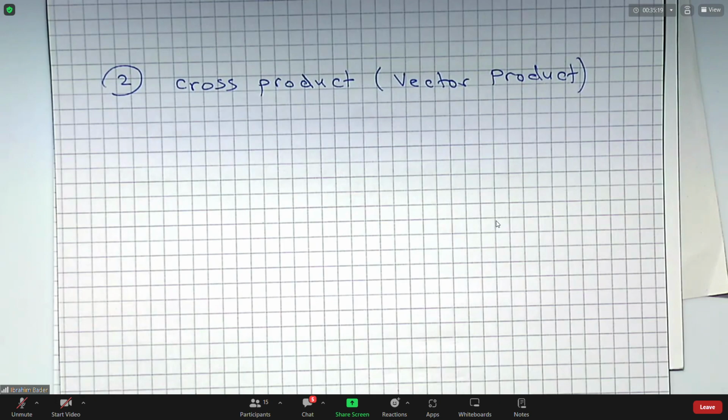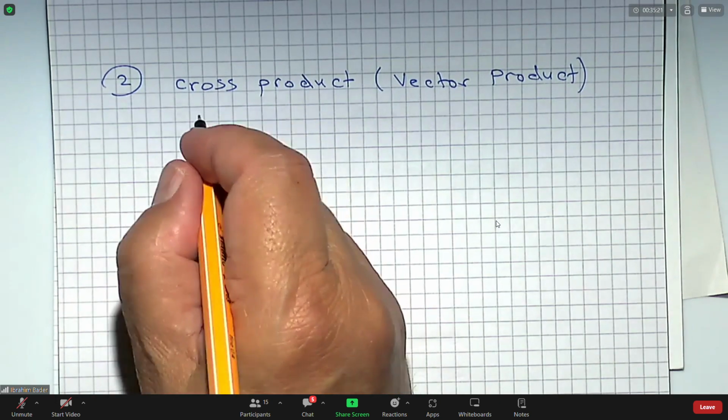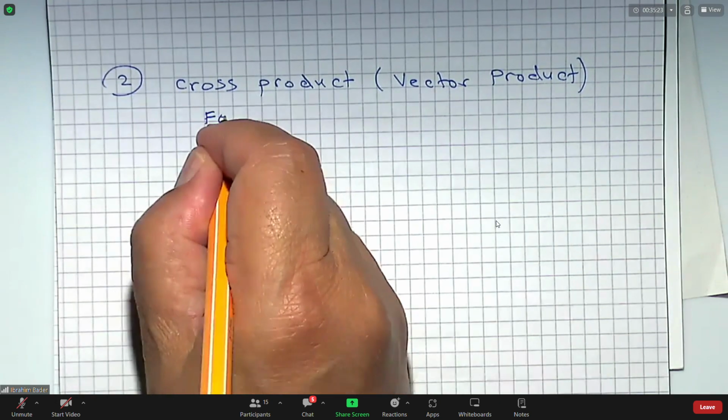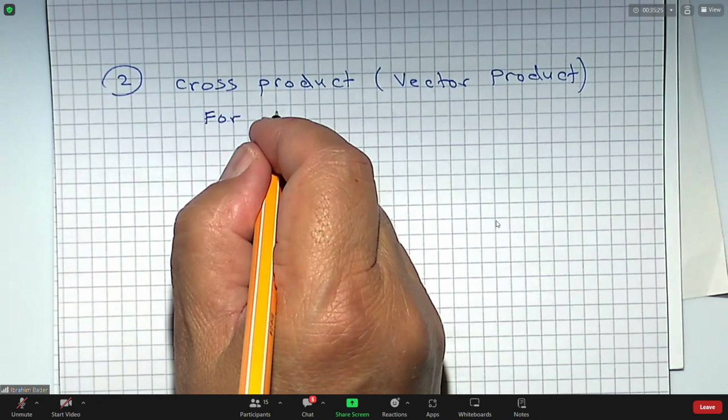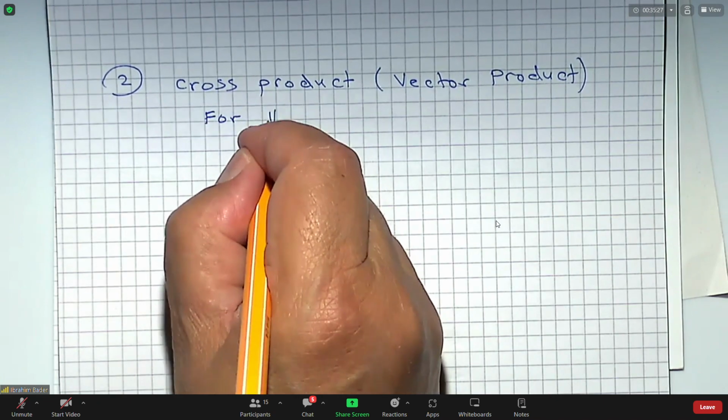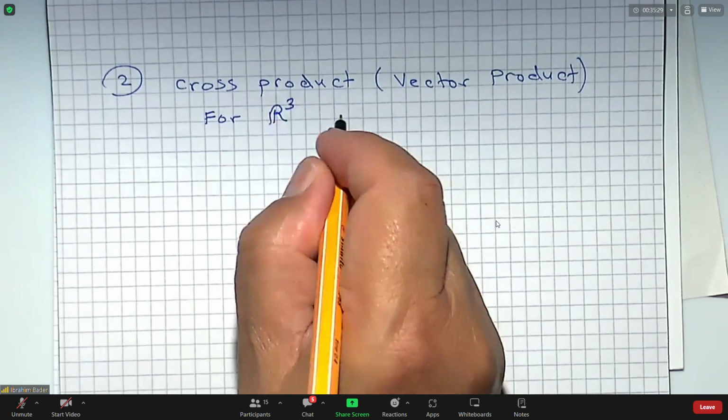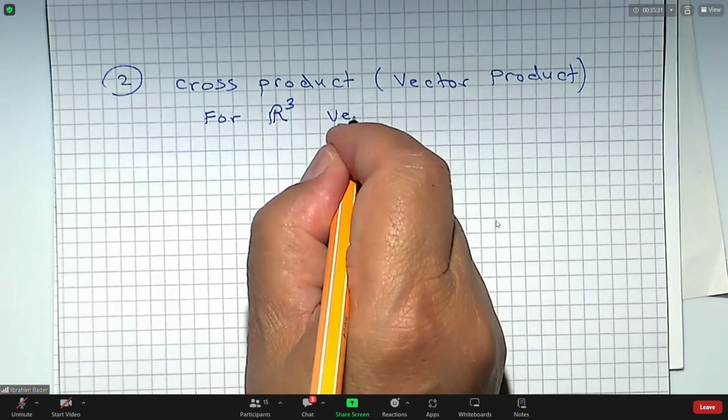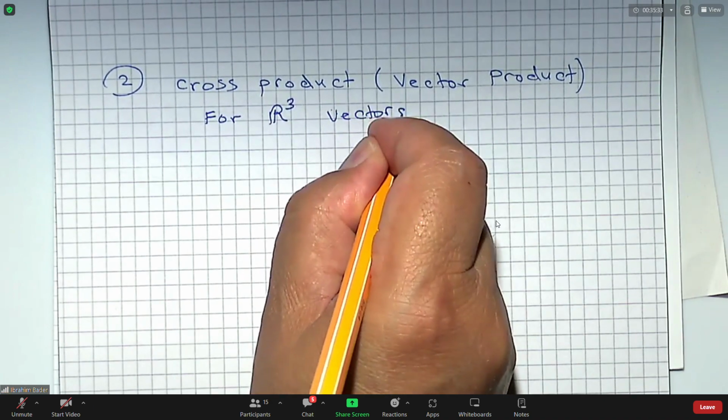Now this one is for vectors in R3, three-dimensional vectors.